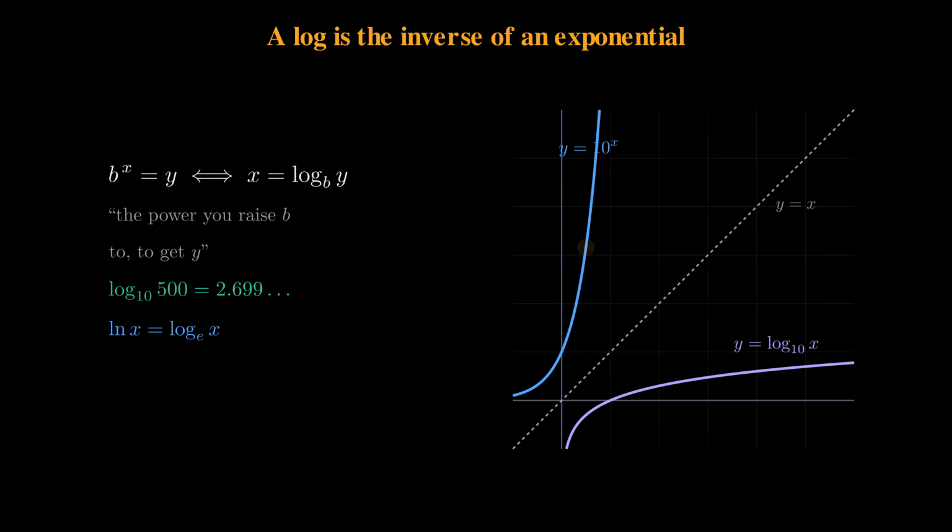Inverse means each curve simply swaps input and output. The blue curve sends 0.5 up to about 3.16. The purple log takes that 3.16 straight back down to 0.5. The point bounces between them. X goes in, the power comes out, and the log runs it in reverse.